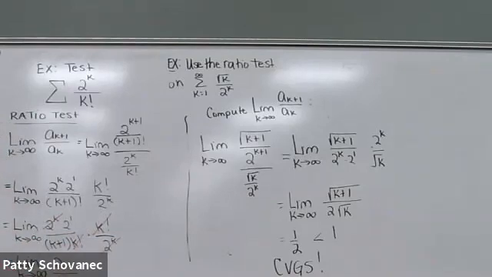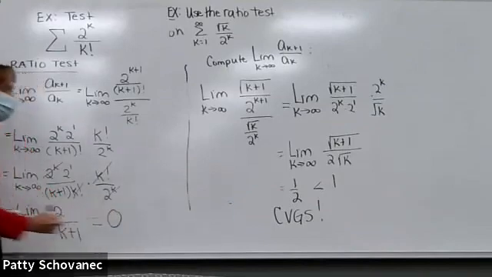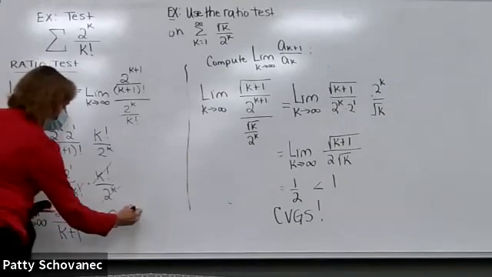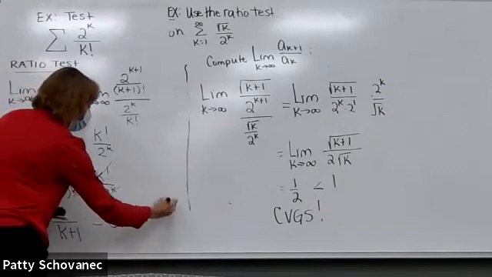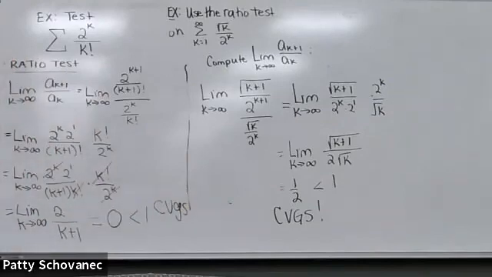What's that limit? The limit is 0. We're comparing it in size to 1. 1 is our conclusive number. If it's smaller than 1, it converges. If it's bigger than 1, it diverges. This is smaller than 1. Our series converges by the ratio test.